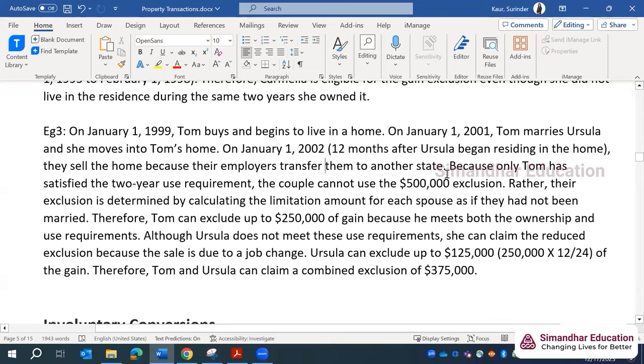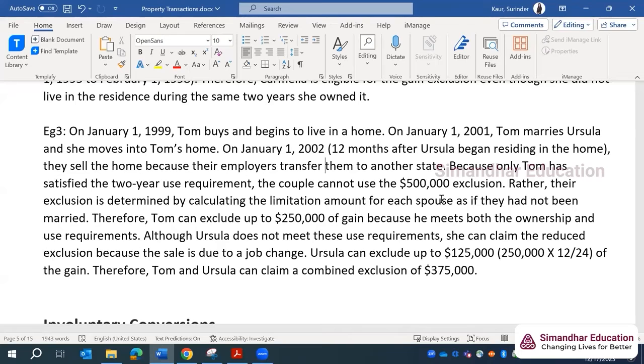So what am I going to do? Is the government going to deny the entire exclusion of $250,000 which relates to Ursula? Or are they going to give some benefit because of the hardship? So out of the husband and wife, the husband is satisfying both the use requirement and the ownership requirement.